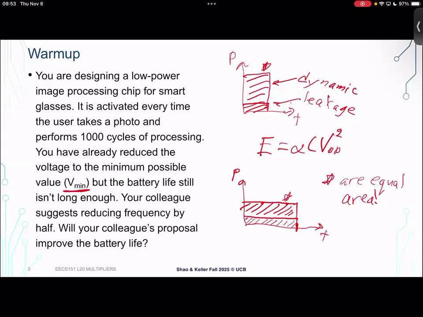Yes. Yeah, so we gave a formula for leakage current last time. The details of the formula are not actually important for this problem. It is highly dependent on threshold voltage and on temperature, so it's exponential with those terms.